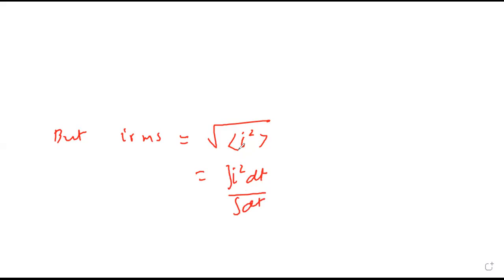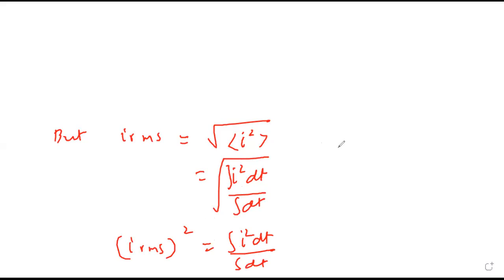For all alternating sources, the mean of I square means taking the average for one cycle, then its root. That means I RMS square will become integration of I square dt upon integration of dt. So I RMS square is nothing but integration of I square dt upon time t.